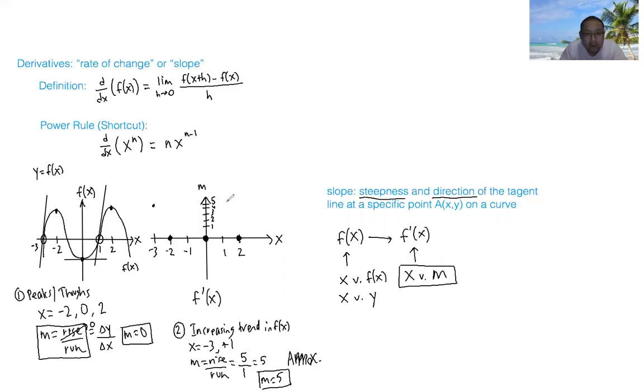And at +1, we have a slope value, an m of 5. Okay? Now, in order to finish this off, all we're going to do is consider our points at -1, right? And +3. So now we went from first looking at peaks and troughs where the slope is always 0.